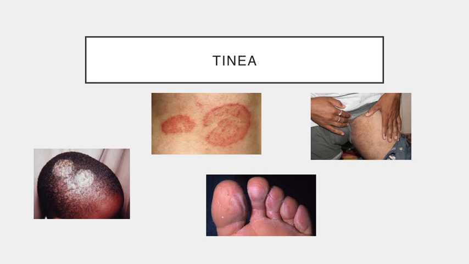Tinea pedis, we see a lot of, that's your common athlete's foot. You can also see tinea of the nail, and then tinea versicolor, which is a body tinea, which can also be chronic. No matter where it is, it's a scaly, itchy patch of skin.